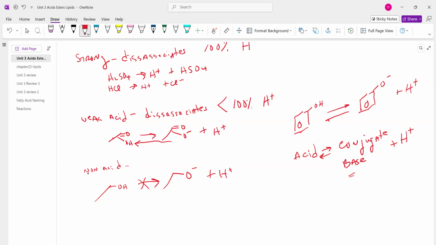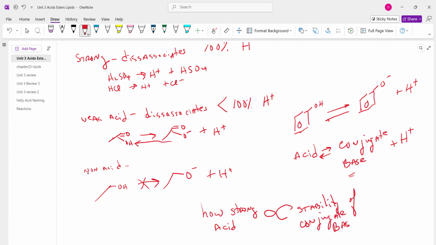Now, how strong an acid is, is directly proportional to the stability of the conjugate base.